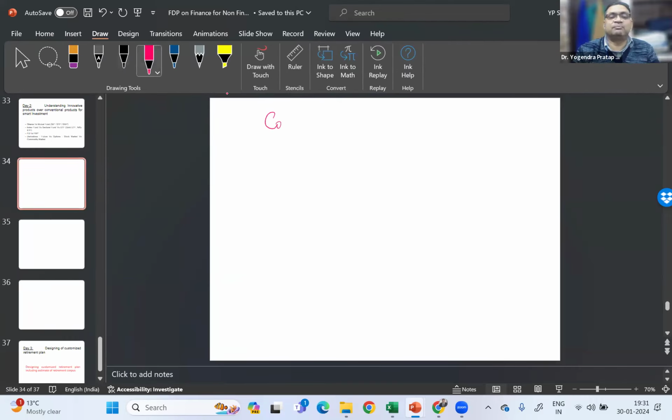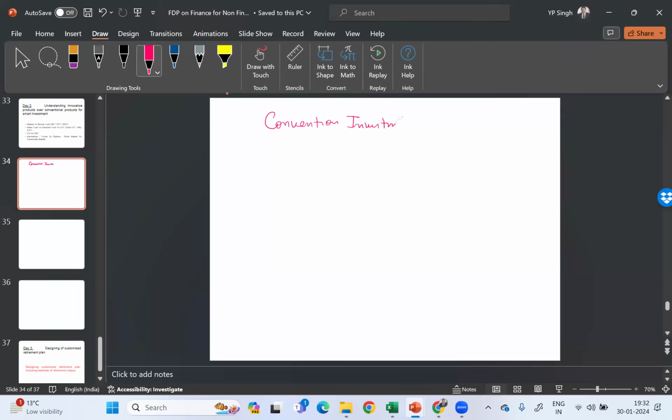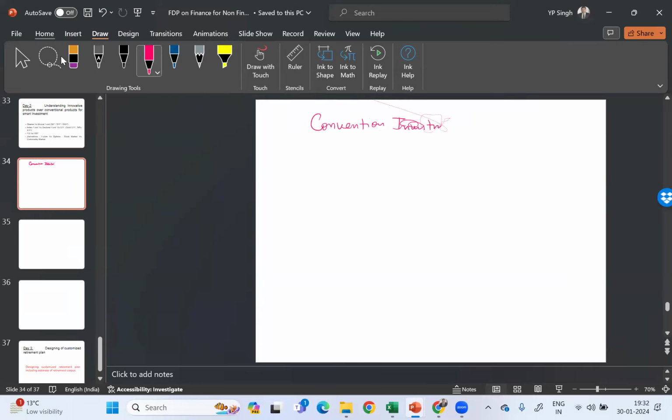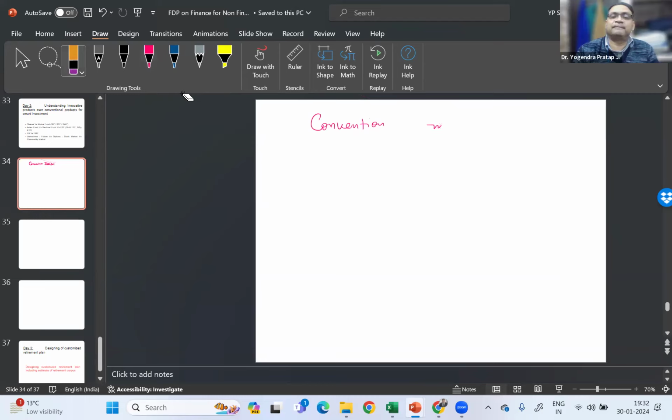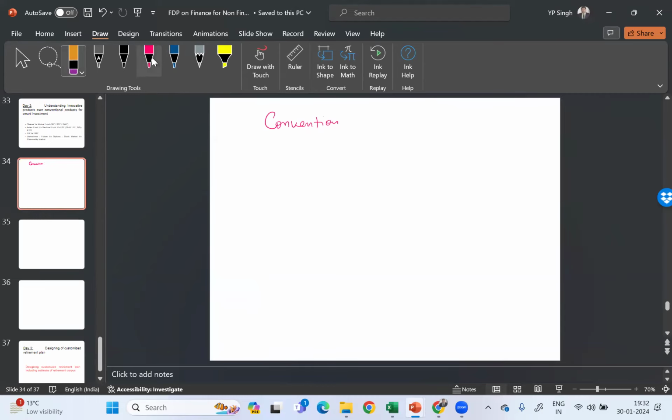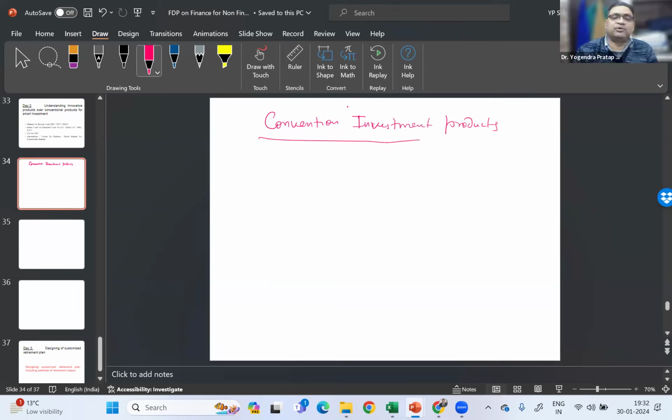First, see the conventional investment products. What could be those products?